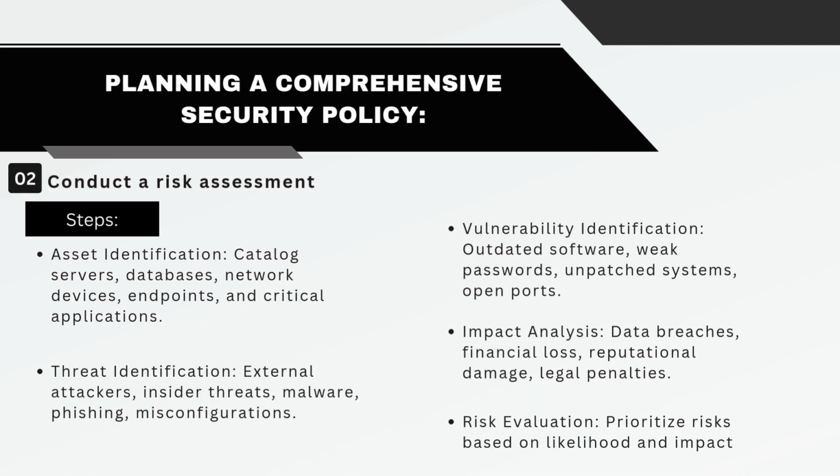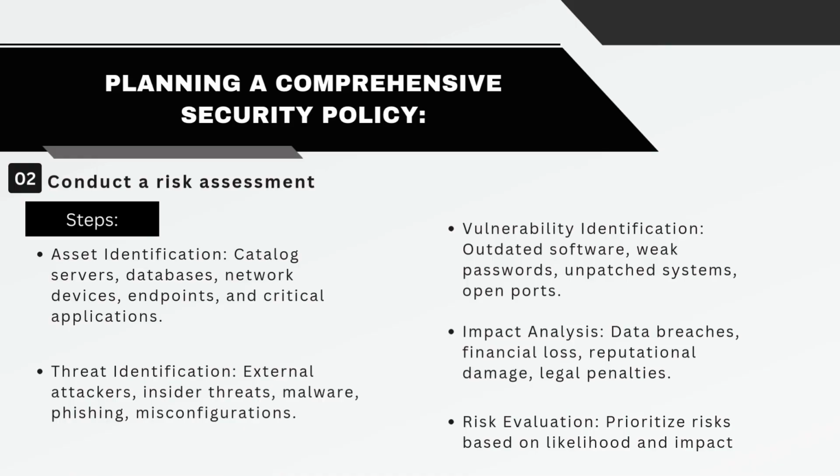Number 2, conduct a risk assessment. The steps are, first, asset identification, which includes cataloging servers, databases, network devices, endpoints, and critical applications. Next step is threat identification, which includes external attackers, insider attackers, malware, phishing, or misconfiguration.